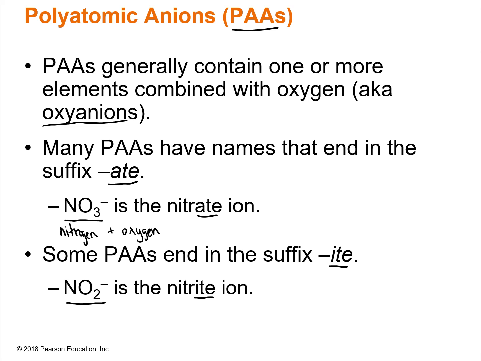Nitrate has a 3 and nitrite has a 2. This is NO3, and I'll exaggerate the subscript there. That tells you that there are 3 oxygens. Then you have the superscript with the minus sign. That's the charge. So nitrite and nitrate are both -1 charge.